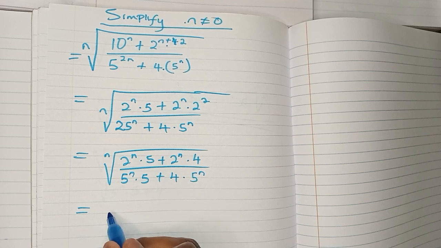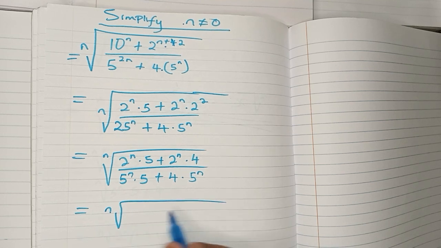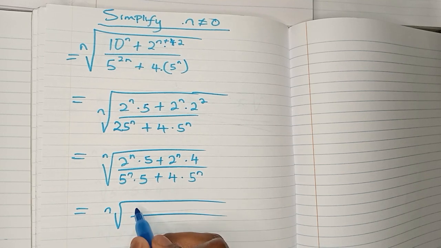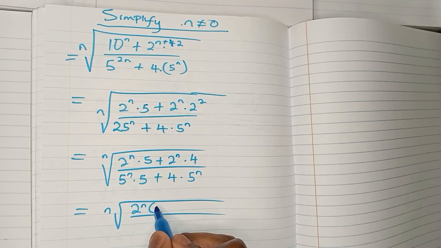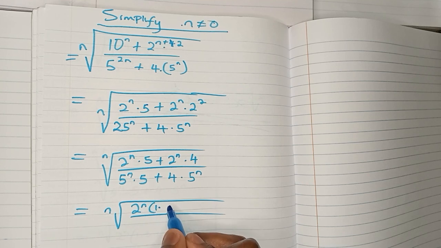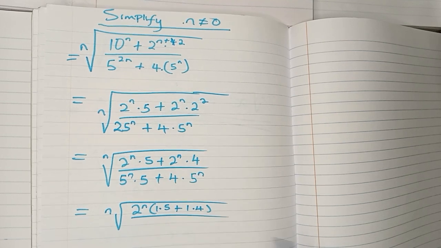All right, so now we continue. We say 2 to the power n as a common factor is, okay, we multiply by 1 and 5, then 1 and 4, right?